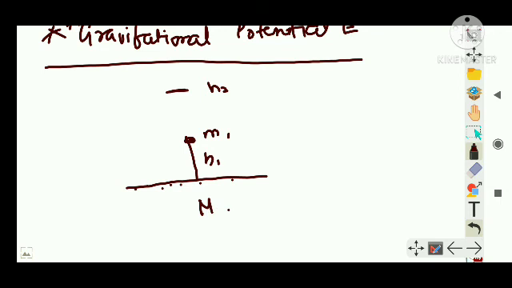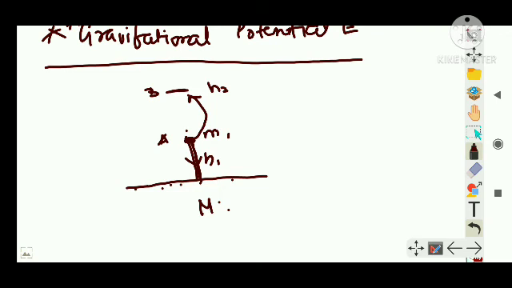Against this gravitational force, which will be pulling this mass downwards, I want to bring this mass from here to here. Say this is A and this is B. I want to bring m1 from position A to position B, which means I have to do some work.